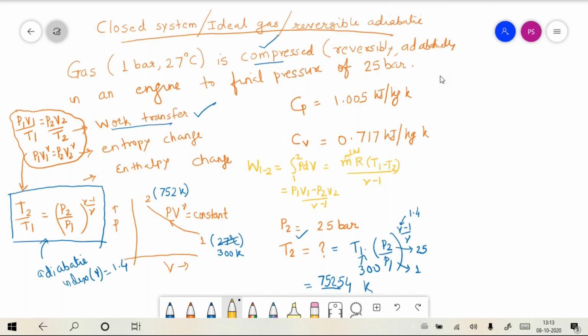The temperature T1 is 300 initially, and finally the temperature shoots up to 752.54. Your value of gamma is 1.4. So tell me the value of the work transfer in kilojoules. Calculate and tell me the answer of work transfer.